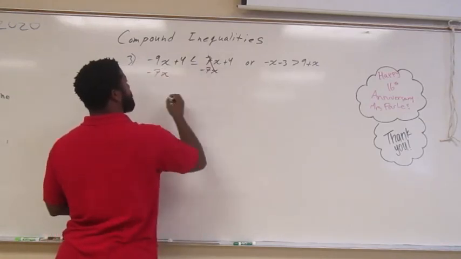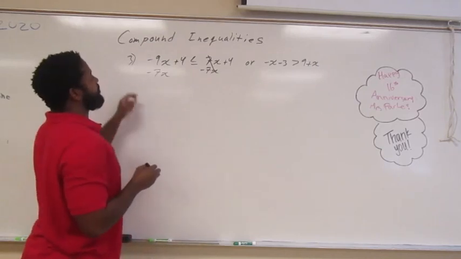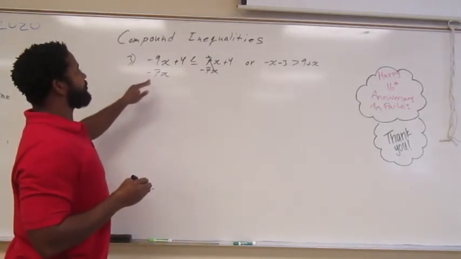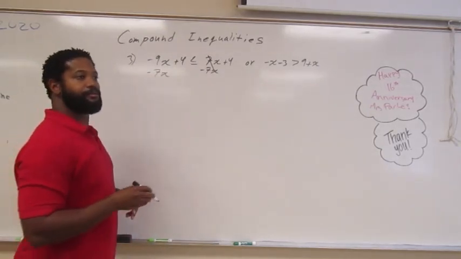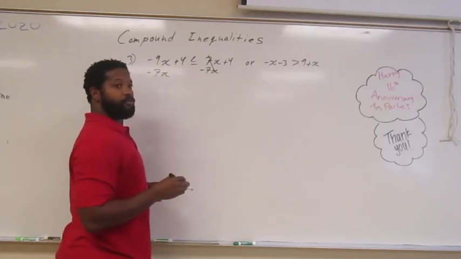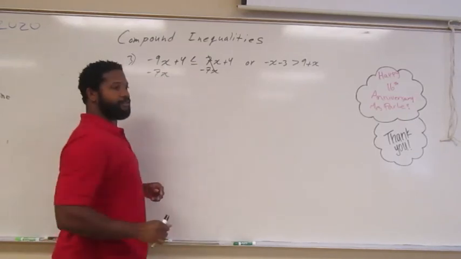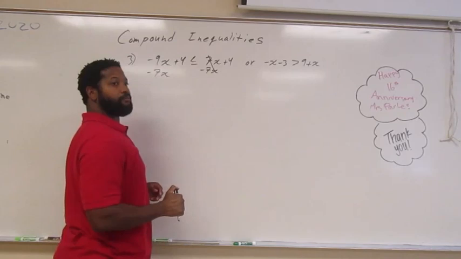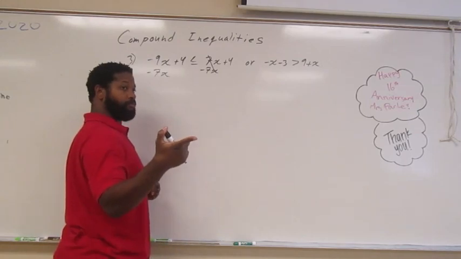Okay, that cancels out. What's -9x minus 7x? Negative plus negative. Right.